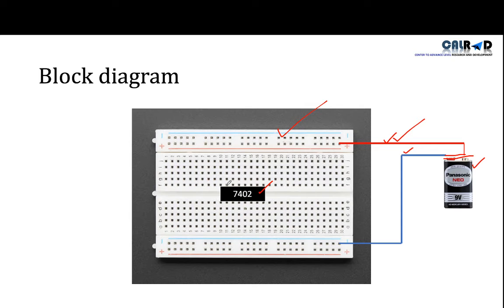Here this 7402 has 14 legs. So leg 1, 2, 3, 4, 5, 6, 7. These are the 7 legs on this side, and these are the 7 legs on another side. So this is our first step.